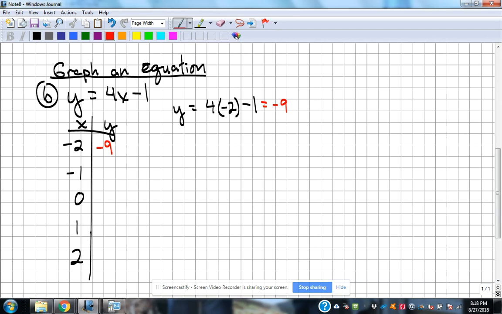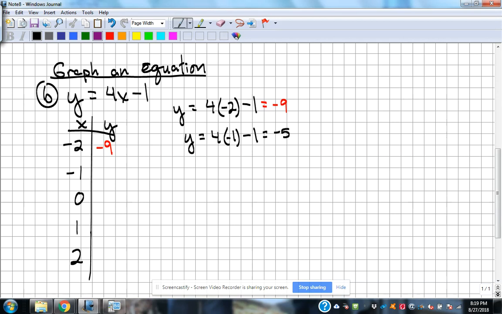Where's that at on the coordinate plane? What quadrant is that in? 3, double negative. Double negative is quadrant 3. Okay? I'm going to do the same thing for x being negative 1. What's 4 times negative 1? It's negative 4. What's negative 4 minus 1?